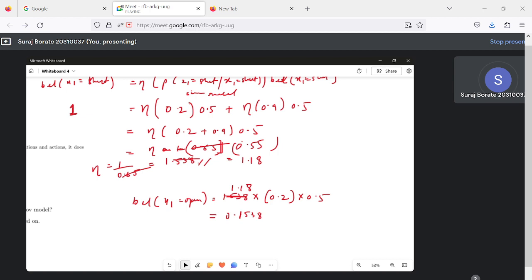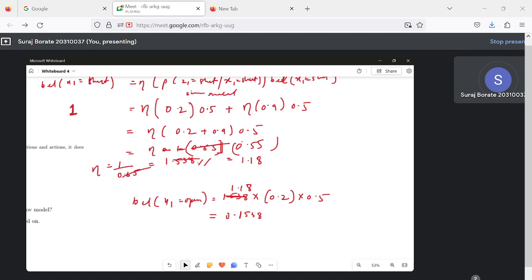For the prediction, the formula is given by the integration of the transition probability of going into a particular state, given the input and the previous state, multiplied by the belief at the previous time step.